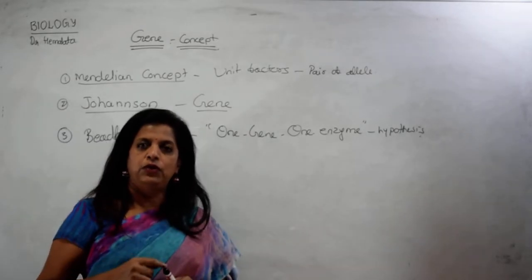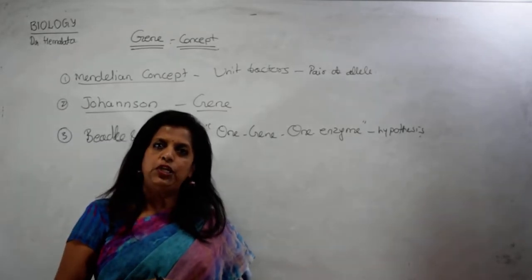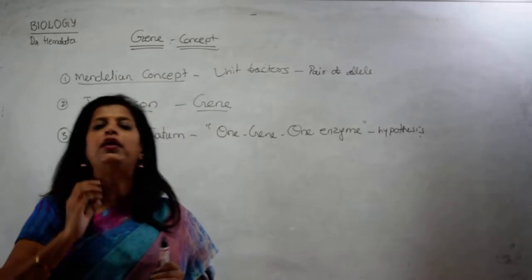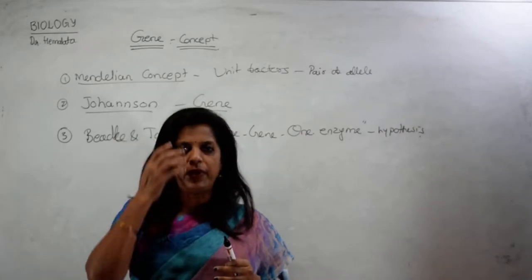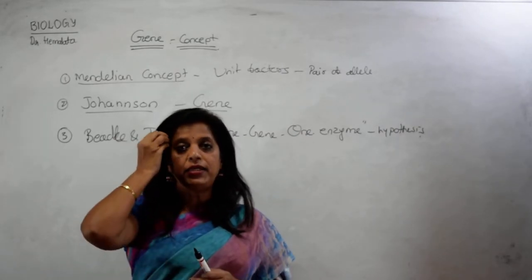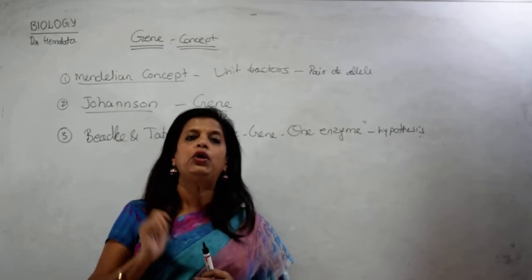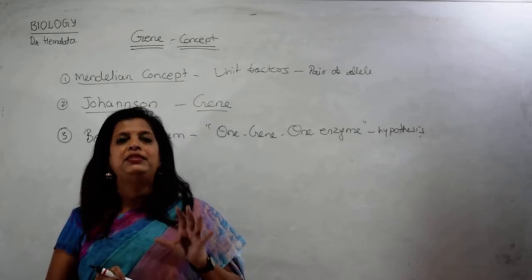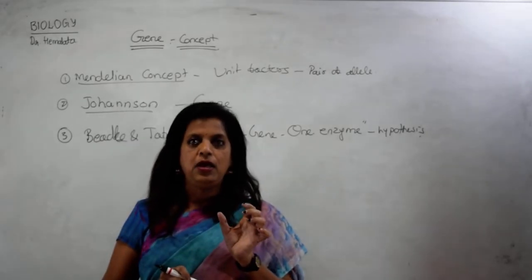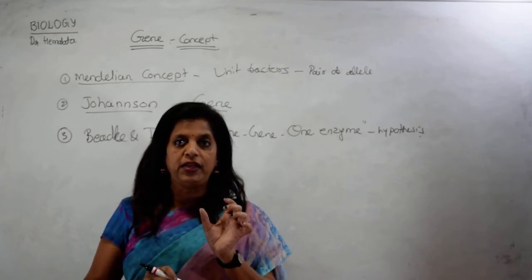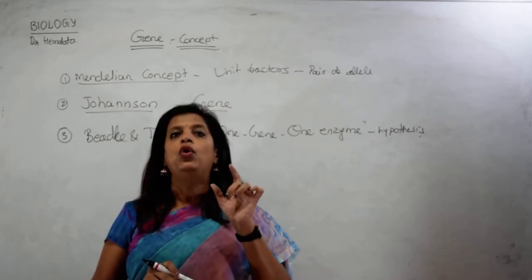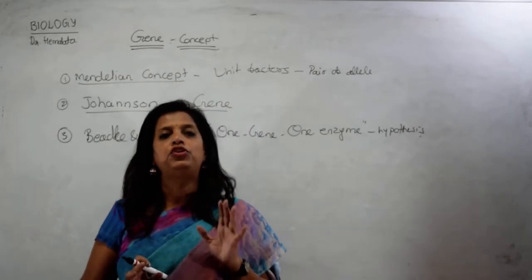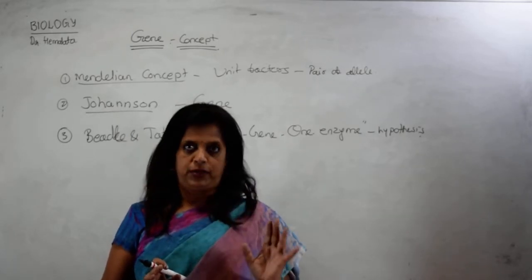According to their hypothesis, one gene is nothing but one enzyme that brings about one physiological reaction, right? For any reaction to take place, an enzyme is required. That enzyme-producing unit on DNA can be called a gene, according to Beadle and Tatum, right? According to them, gene is the unit on DNA that codes for a protein that acts as an enzyme for bringing out a certain reaction, right? This is called gene according to Beadle and Tatum, right?